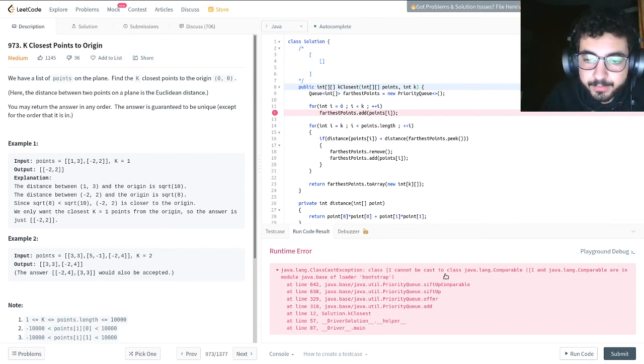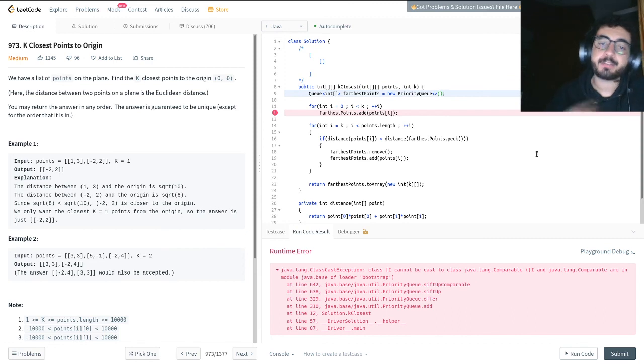Int array cannot be cast to class Comparable. Oh, sorry. It needs a comparator.